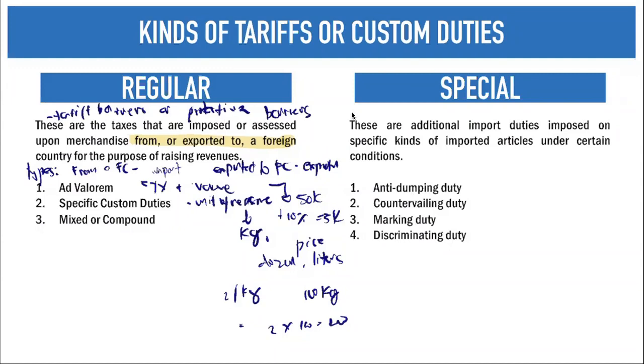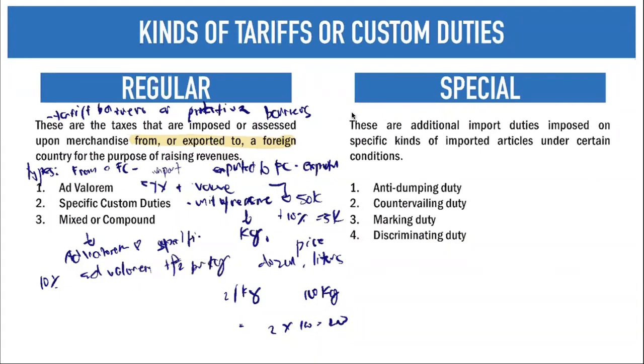Next, you have your mixed or compound regular custom duty. When we say mixed or compound regular custom duty, they are imposed on both your ad valorem and specific custom duties. So for mixed or compound, you have ad valorem already, and you have specific. For example, 10% ad valorem plus 2 pesos per kilogram.